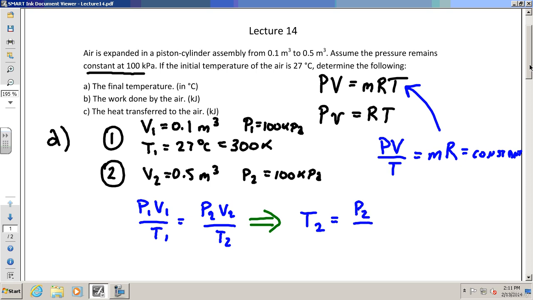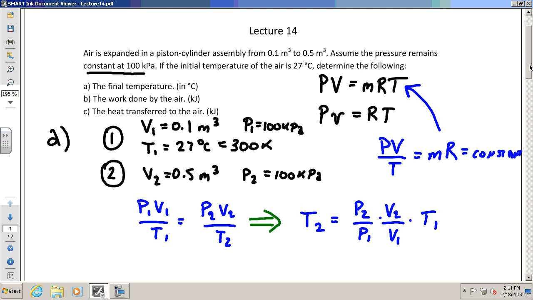You're going to get P2 over P1, okay, times V2 over V1, times T1. Everybody see that? Just some algebra, right? I just divided both sides by P1 V1, and multiplied both sides by T1. You know, just playing around with it a little bit, algebra.